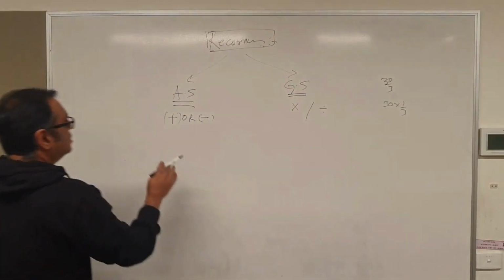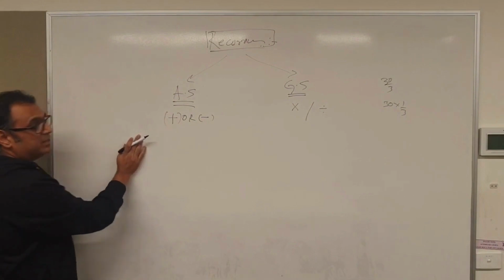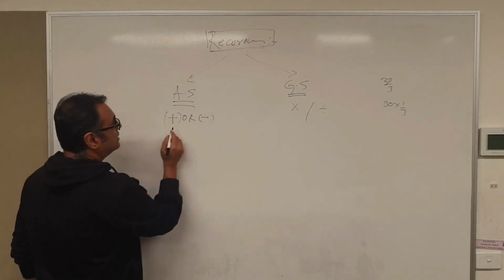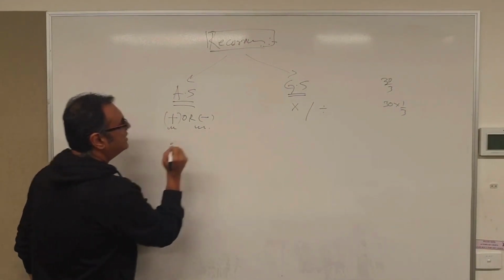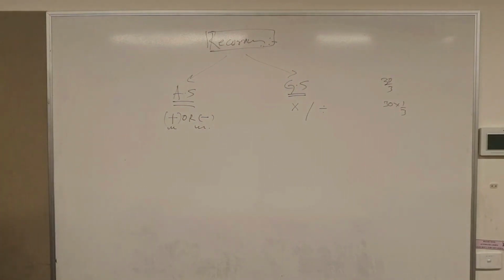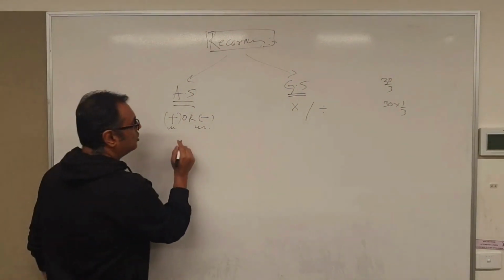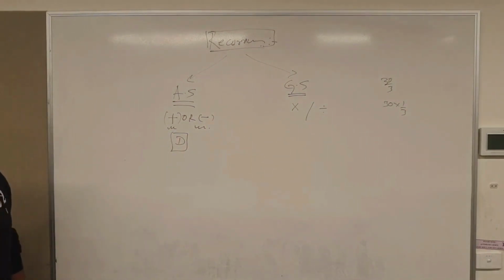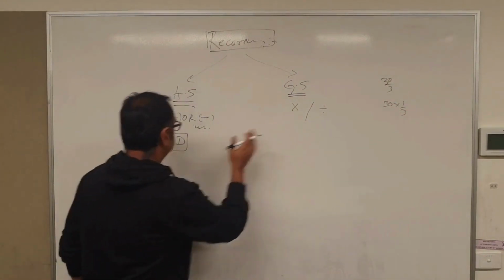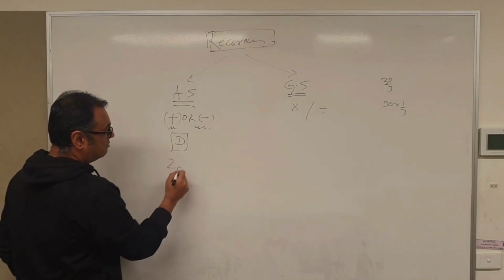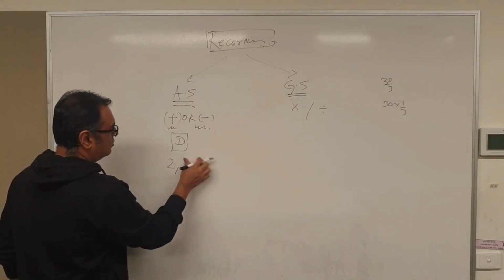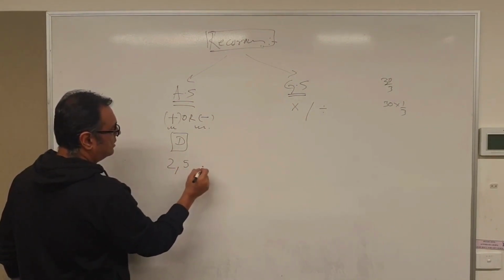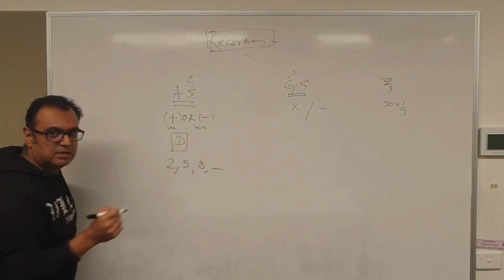Now, coming to arithmetic sequence, this number which is either getting added or subtracted is called the common difference, D, and we'll talk about it later. So for example, if I say I've got a sequence like 2, 5, then 8, and ask what is the next number?